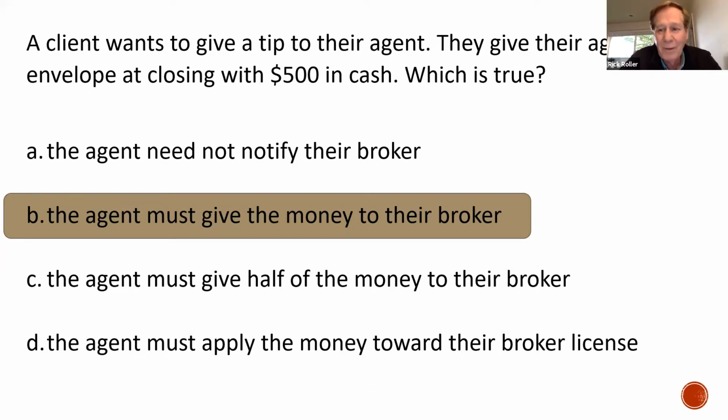Best bonus I ever got one time, I did a deal. I'd done several deals with this gentleman, but I did a deal and he gave me a Mercedes-Benz. How about that? But I was my own broker. I didn't have to go to my broker and say, you get the car Monday through Wednesday and I get the car. We didn't have to do that. An 80-20 split on the car.